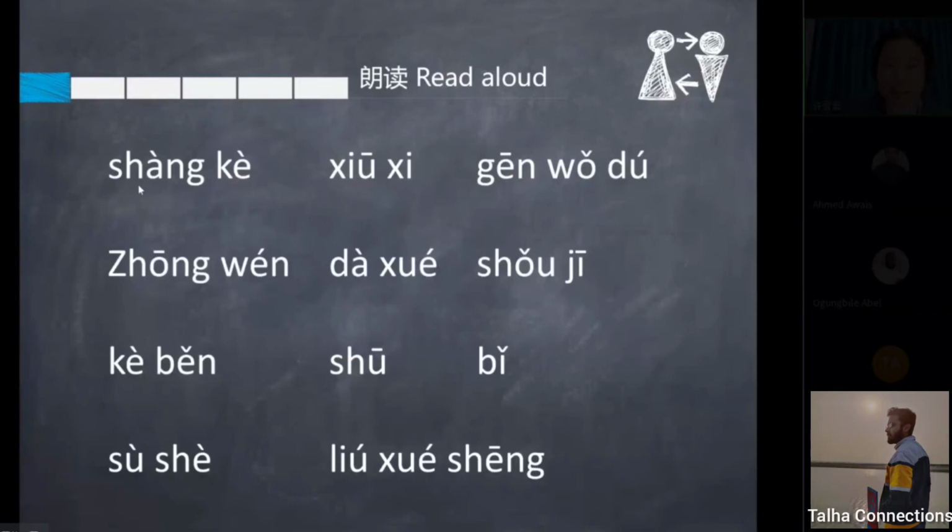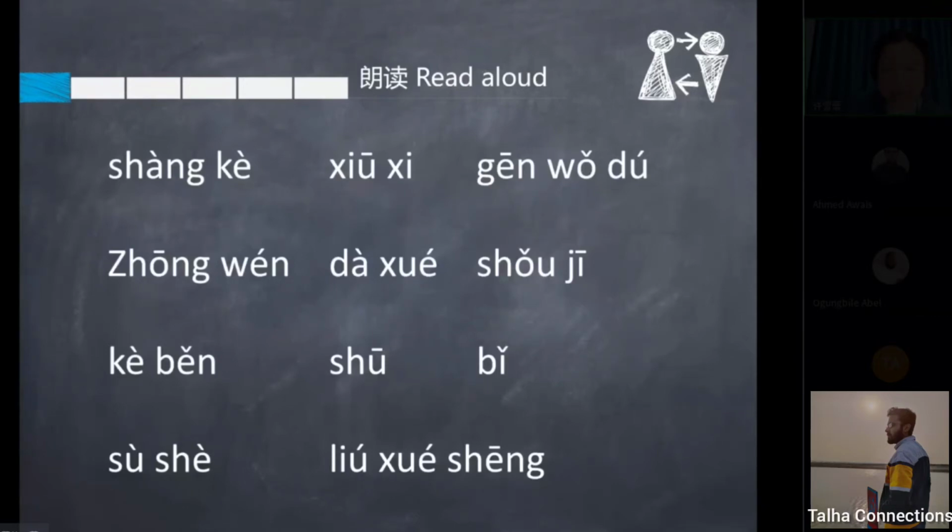Shàng kè. Okay, compare the way you read it and the way I read it, then try to change your way to be in my way. 上课，上课. It means the class begins.